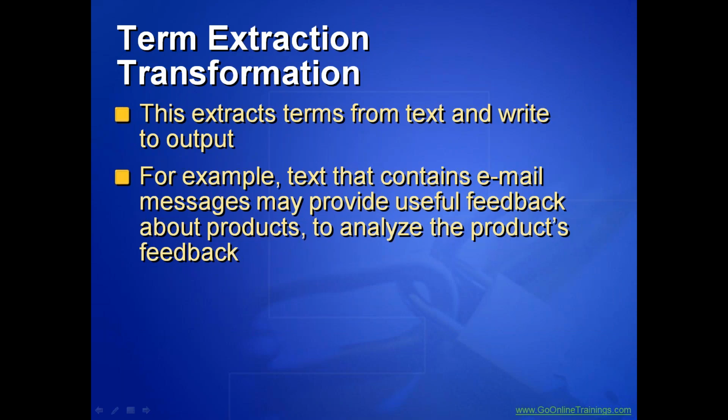The next one is term extraction. This extracts the terms from the text and writes them into output. For example, text that contains email messages may provide useful feedback about a product. To analyze the product's feedback, you may give a lot of feedback in mail, in social sites, in SMSs, WhatsApp. This mobile is good, this mobile is bad, this is too costly, camera is bad, price is very good, this has a very good camera.